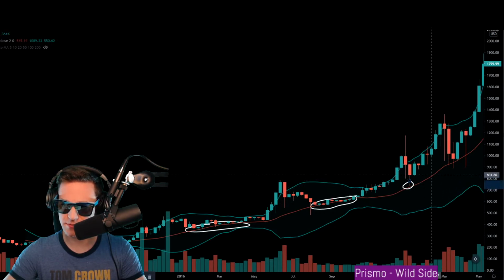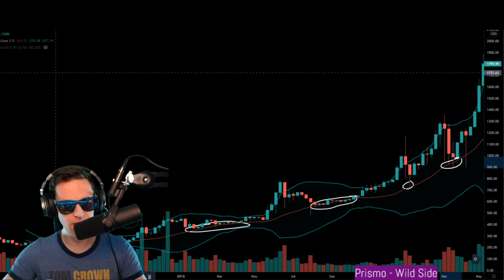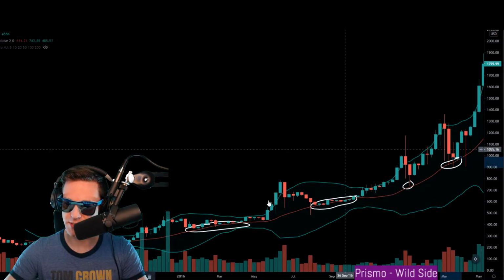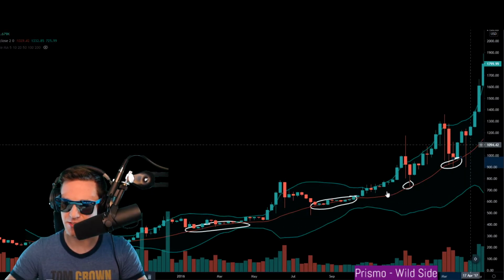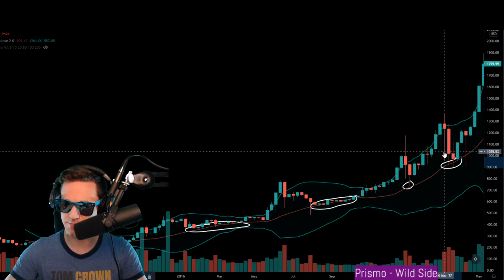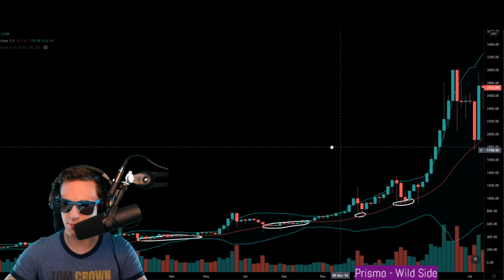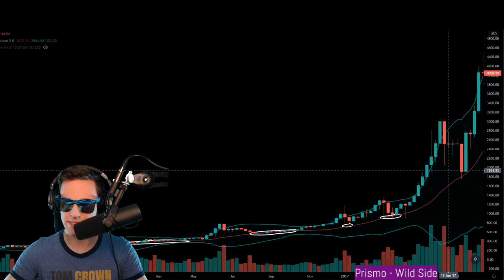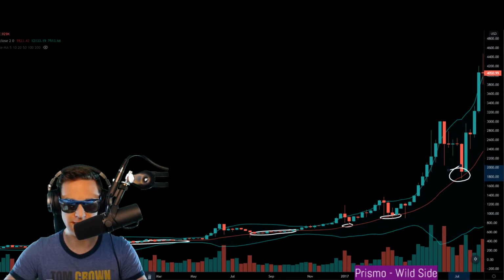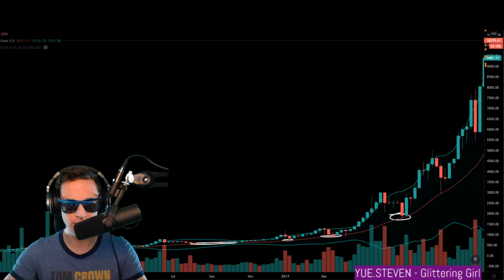A touch, some touches. What's important is that the trend was up. The trend was clearly visibly up at this time. And so that middle band really acted as support. We see countless examples on the way up. All the examples. There's another one.